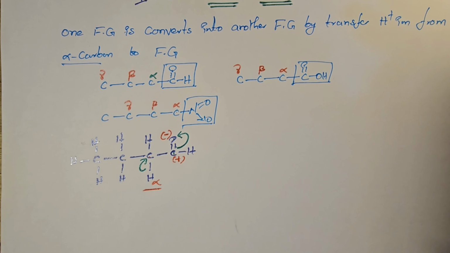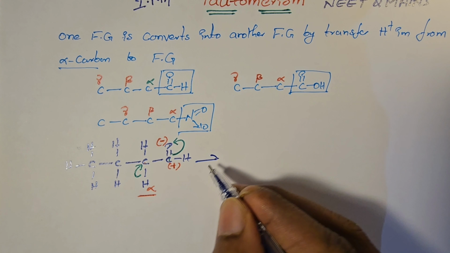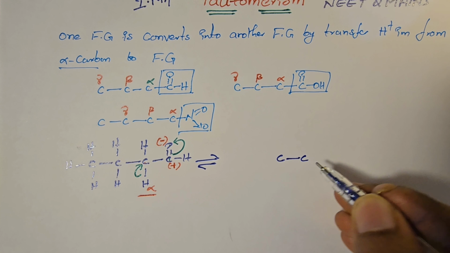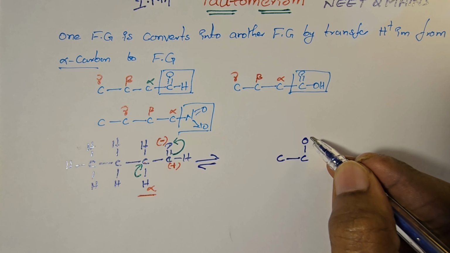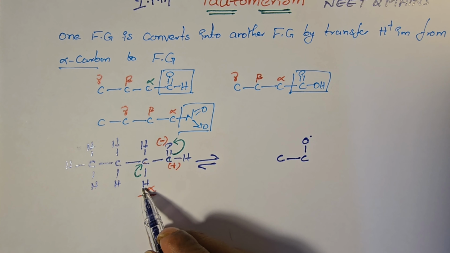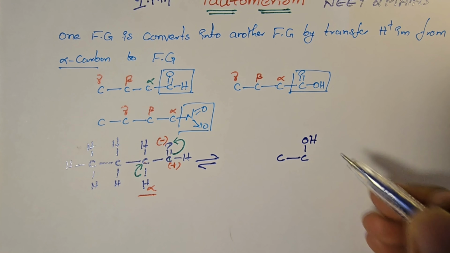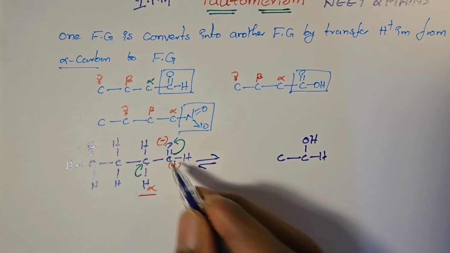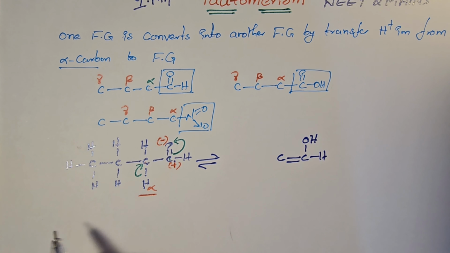After shifting towards the carbon side, now observe here. Oxygen gets which charge? Negative charge. The negatively charged oxygen is attacked by H plus ion, giving OH. Between this carbon and this carbon, what is generated? A double bond is generated.